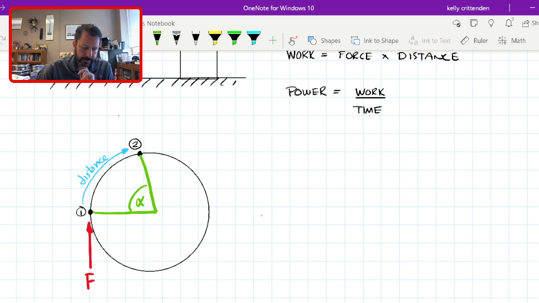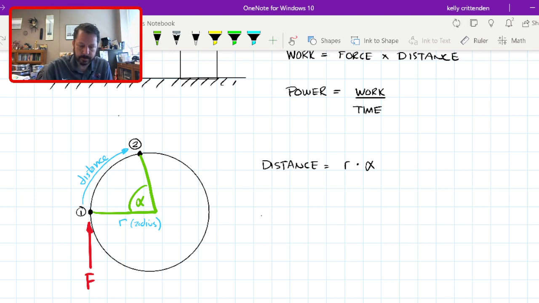So the distance here is an arc length, right? So if we had, let's do a blue, R is the radius of our circle. So the distance equals that radius, R, times alpha.